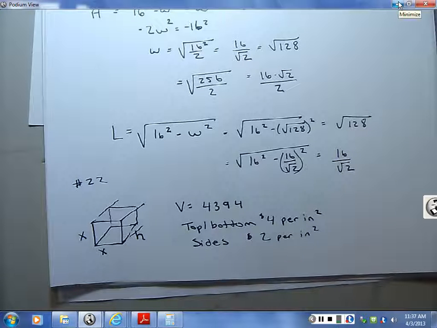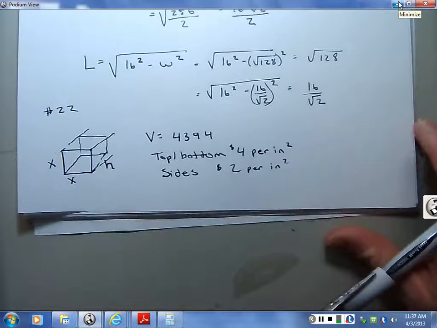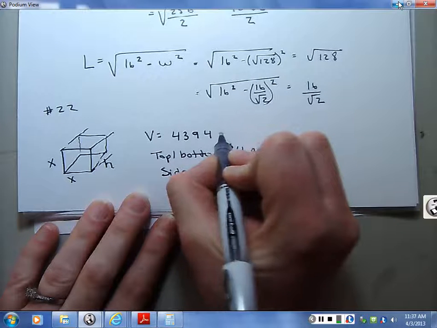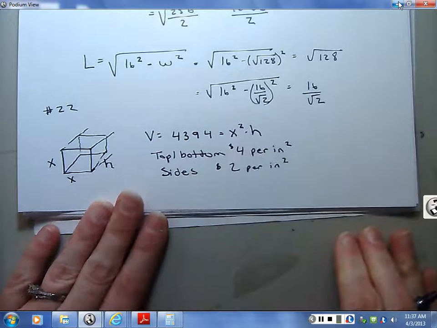So this is what I know. Hopefully my container can hold something. It told me that the base was square, so I know that's x times x. So the volume of this container is x times x times h, so then I know this is going to be x squared times h.